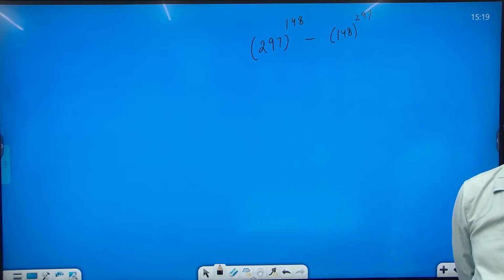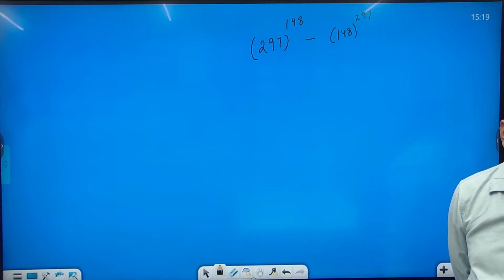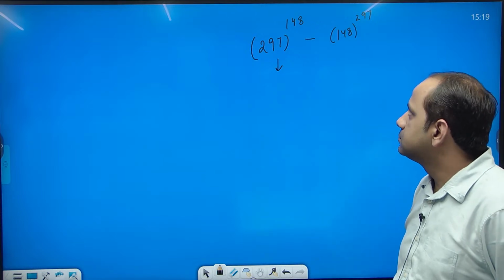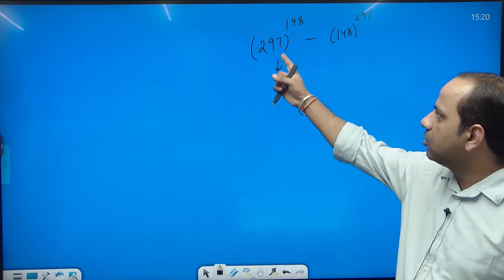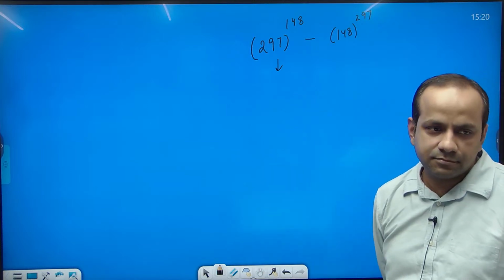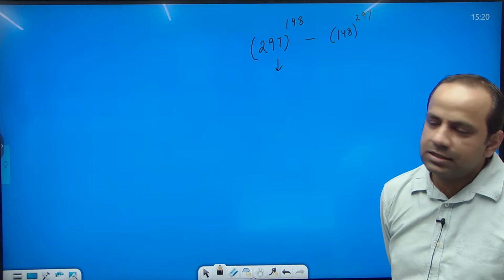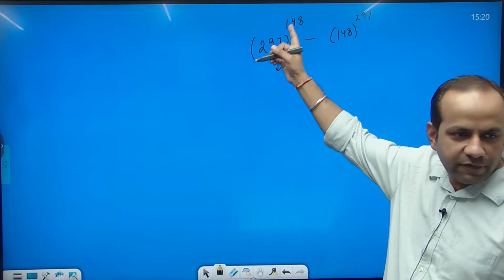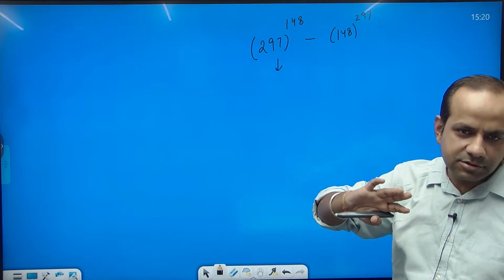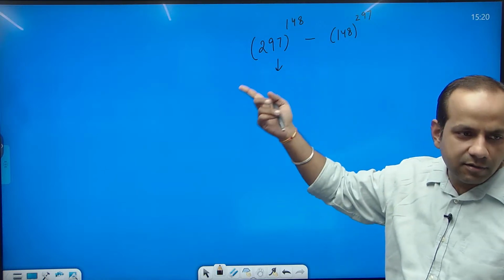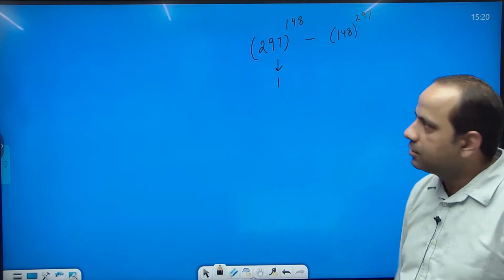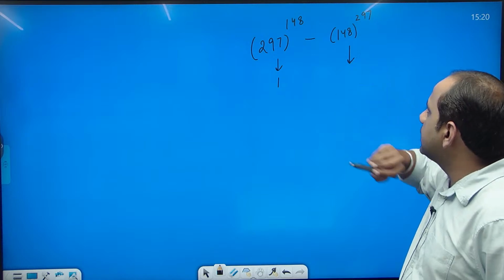The unit digit here will be... 6 will not come, it is odd, whatever you do, an odd number can't give 6. Third category, we have to divide the power by 4, 148 divided by 4, remainder will be 0. So 7 to the power 4 is 1.